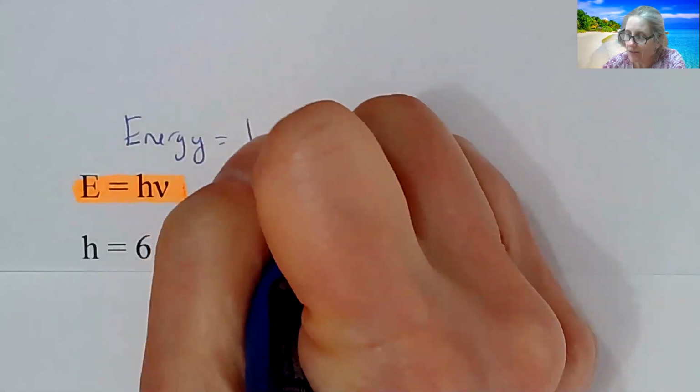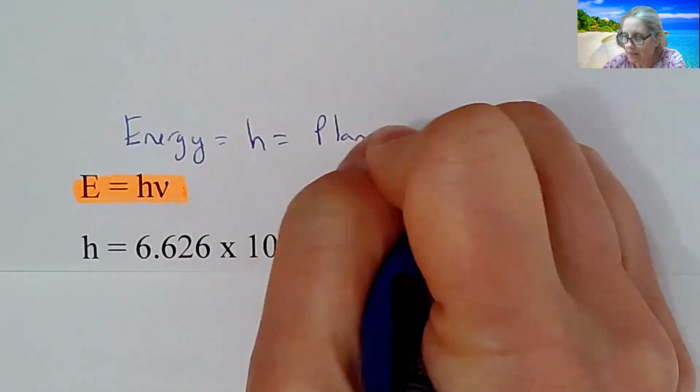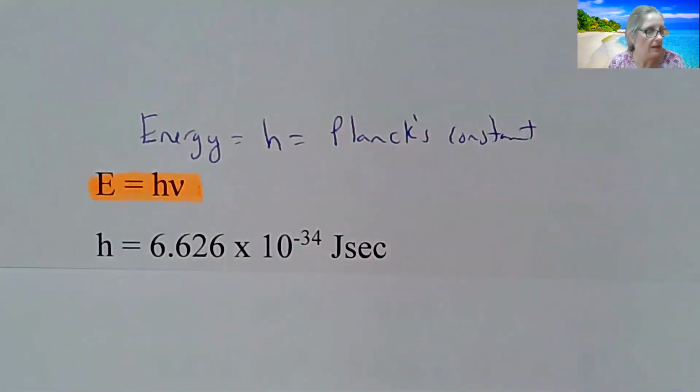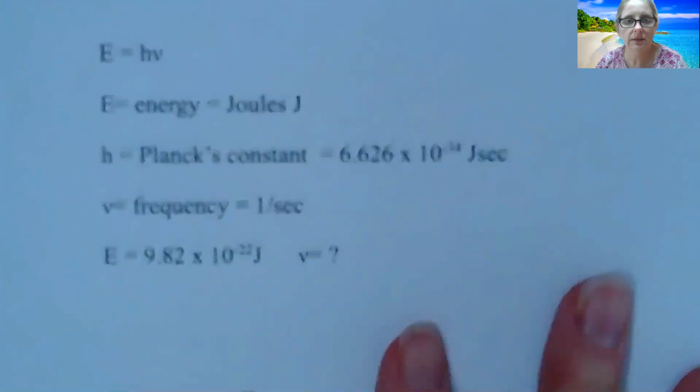Well, H is something called Planck's constant, and that is in your notes, I believe. So let's go to that page for a second.